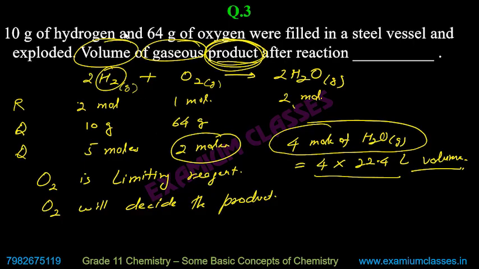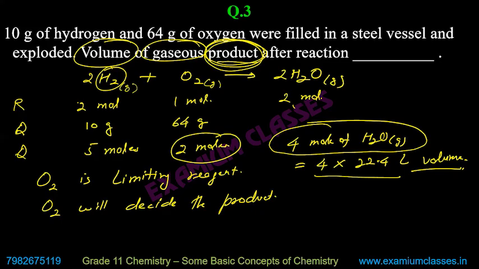Sir, in this reaction, won't H2O be liquid? No, it is gas. When this reaction takes place in the atmosphere during sparking, normally if you mix hydrogen and oxygen, they won't react. You won't get water.